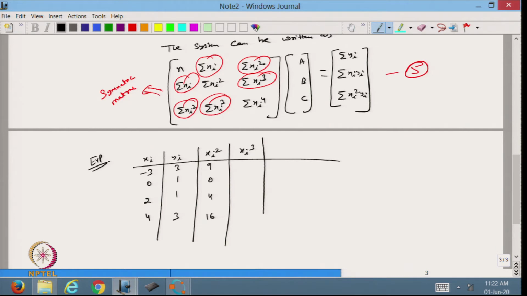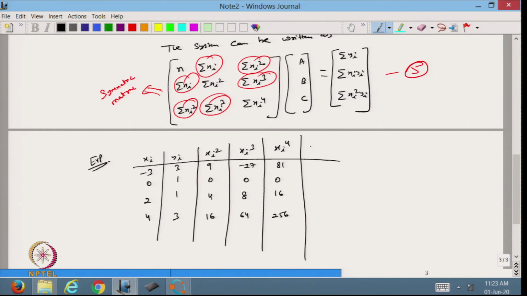Xi cube also needed. So, it will be minus 27, 0, 8, 64. Xi raised to power 4 is also needed. So, it will be 81, 0, 16, 256.